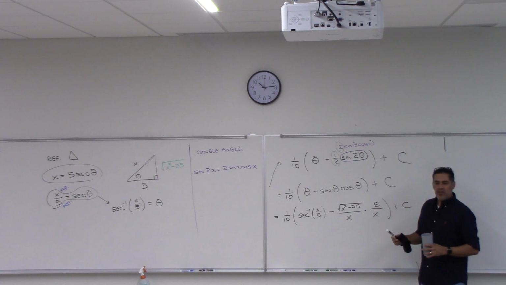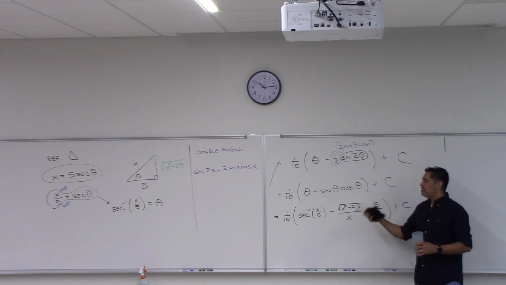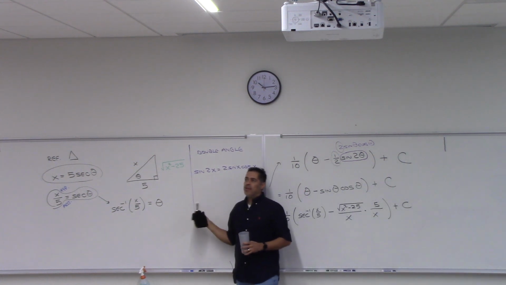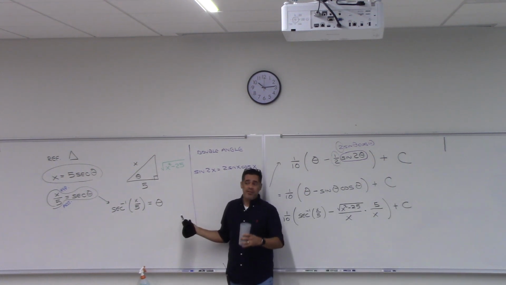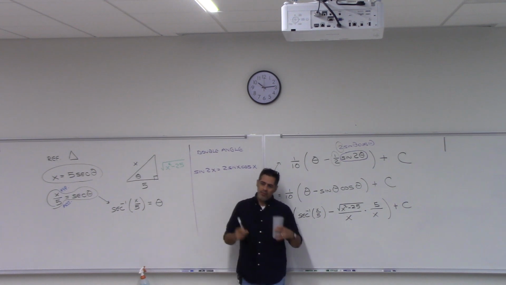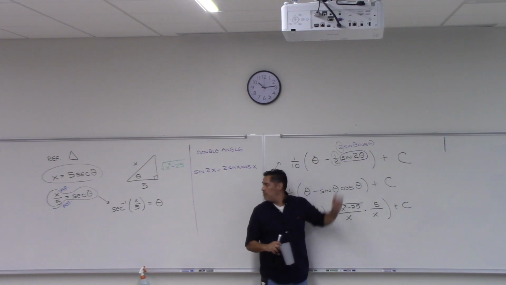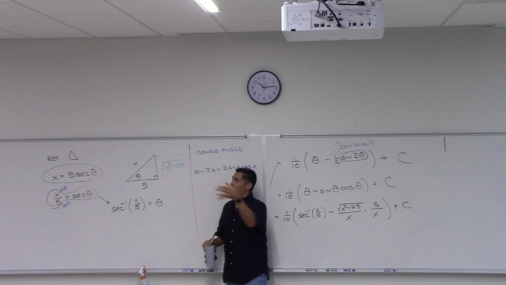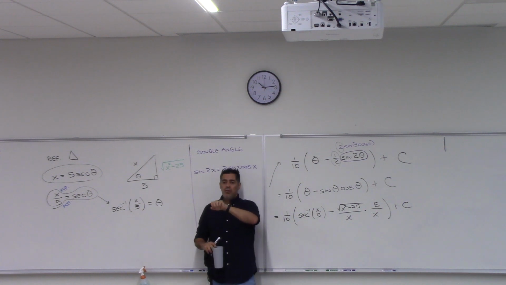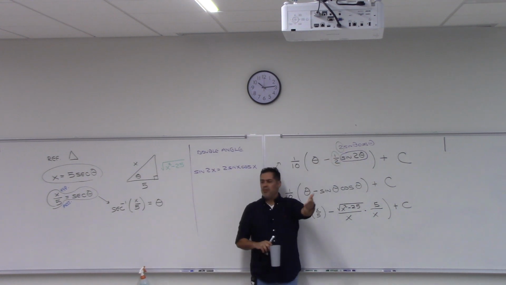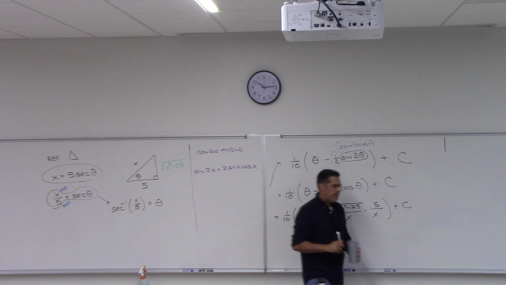And so I can pretty much guarantee you 100% that you're going to see a problem where you do the trig sub, and what you wind up getting is either a cosine squared or a sine squared. I'm saying on a test, right? And then you'll have to do the power reducing, and every single time you do the power reducing, it turns into a cosine 2 theta. And then when you integrate that, you're going to have sine 2 theta, so you're going to need that double angle identity. I'm promising you that on the test, so be prepared for it.